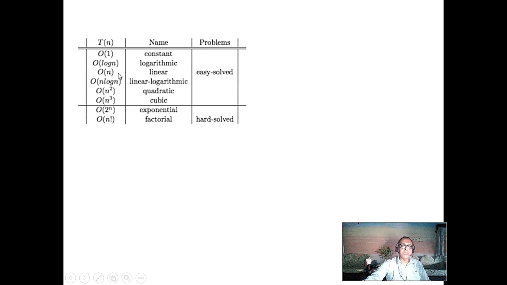It can be O(root n). N log n I have already covered; it is merge sort. O(n squared), this is typical like selection sort. O(n cubed) I got in matrix multiplication. O(2 to the power n) is exponential. I have covered it in Tower of Hanoi.